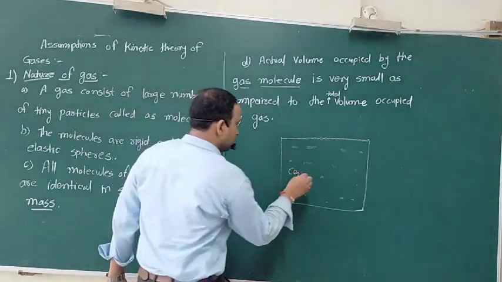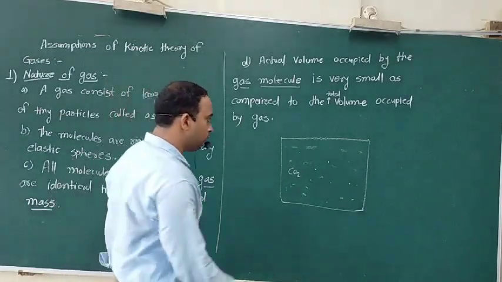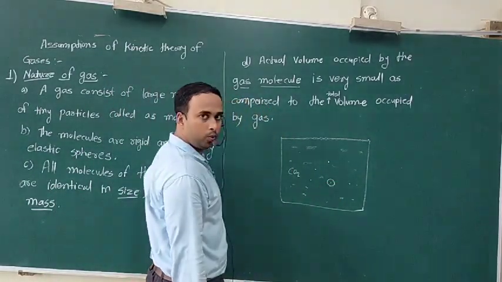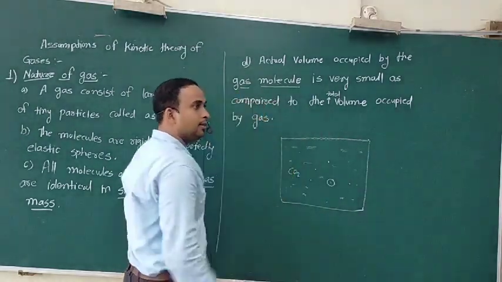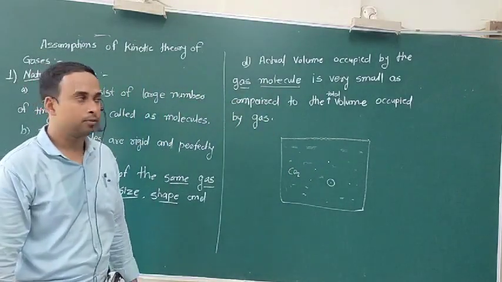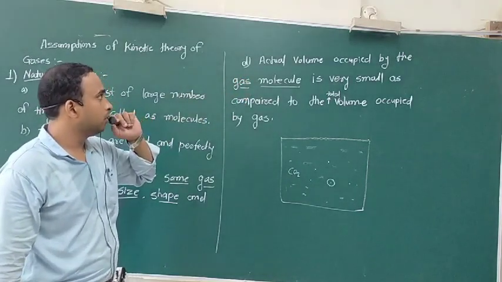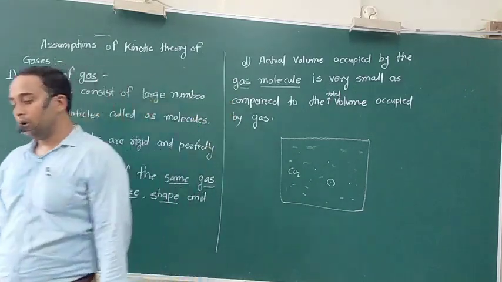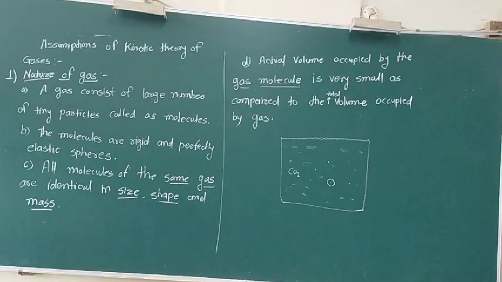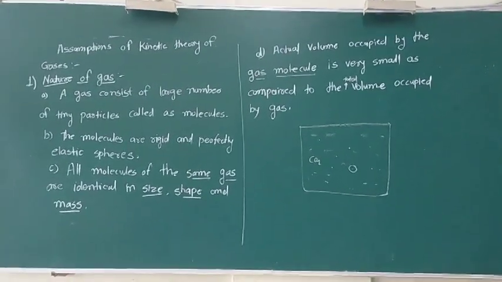Now there are small tiny particles, known as molecules. The volume occupied by a molecule is very small as compared to the volume occupied by the gas. Okay, these are the assumptions related to the nature of gas.